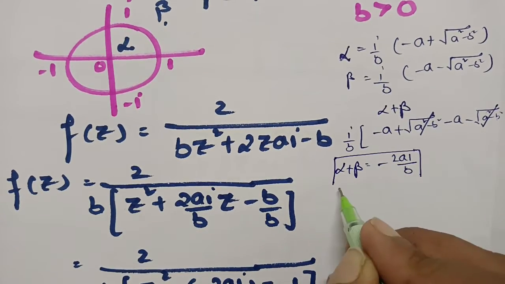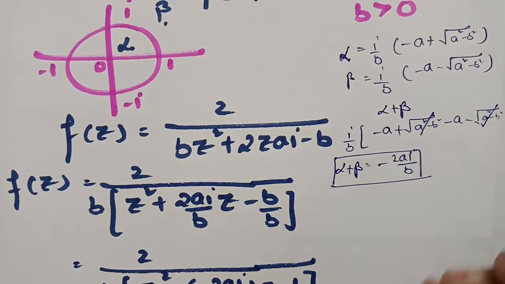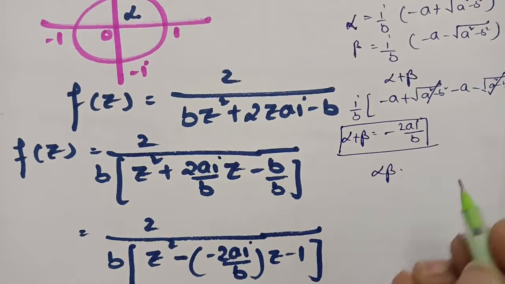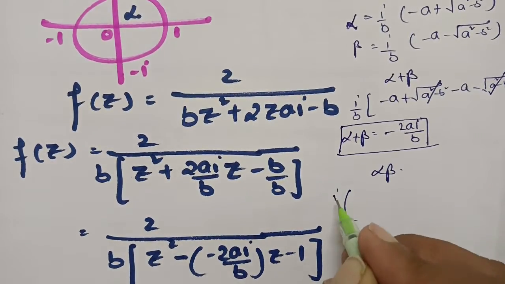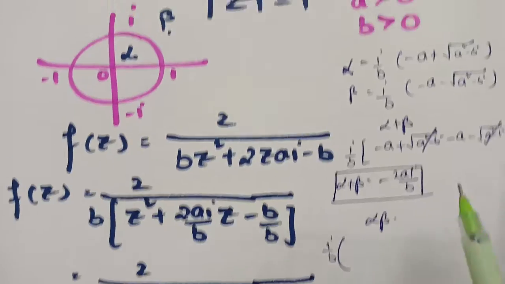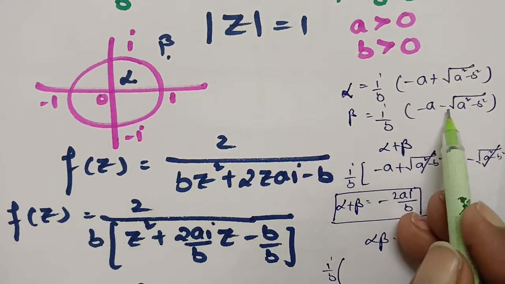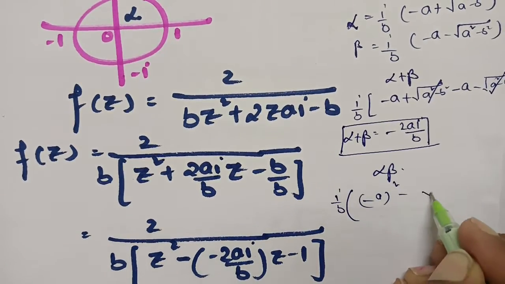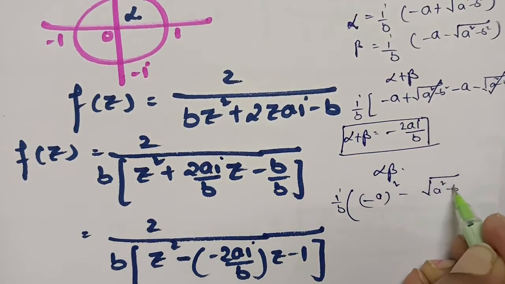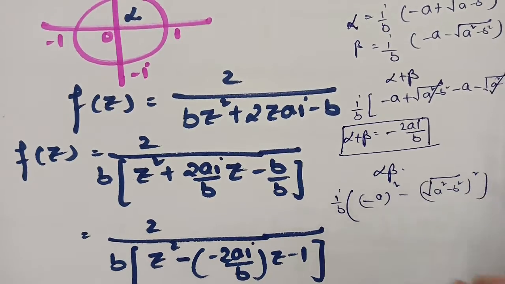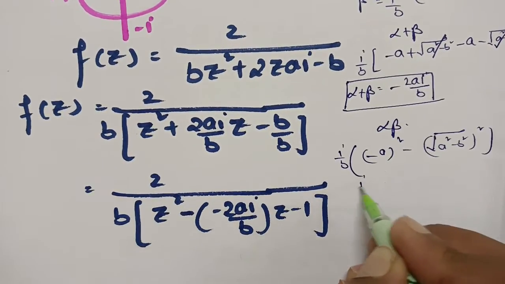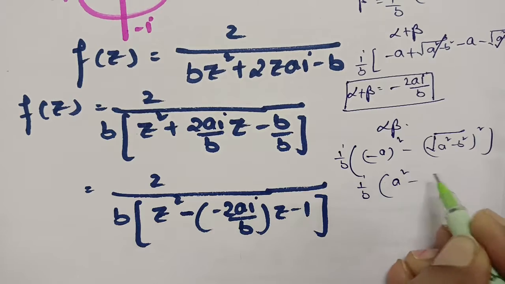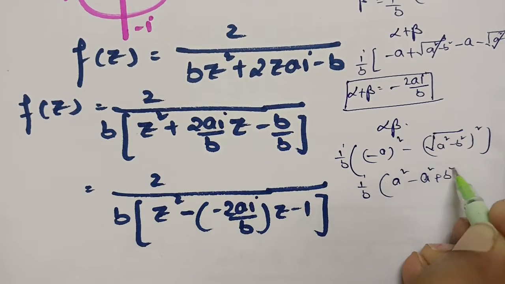And next I am going to multiply these two. So what is a by b? If I take i by b common here, this is a plus b into a minus b. So this can be written as a square minus b square, alpha into beta. So this value is i by b times of a square minus a square plus b square.